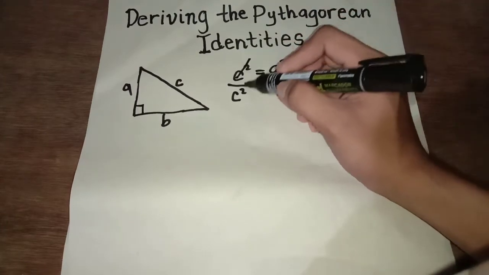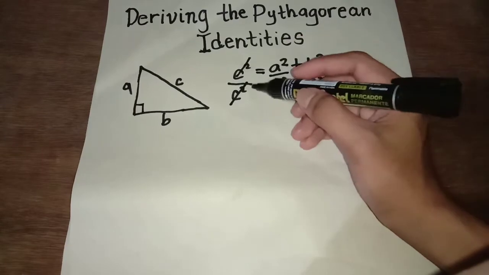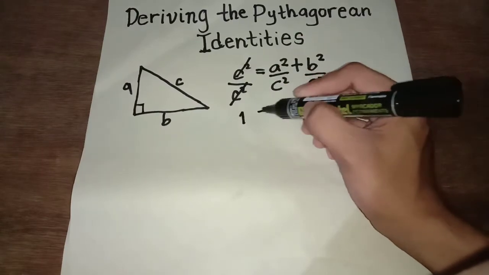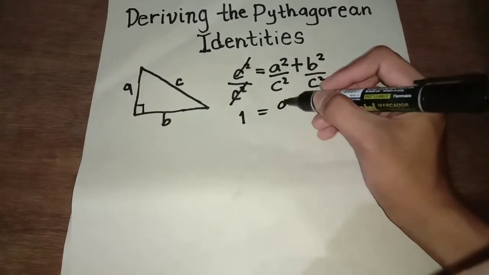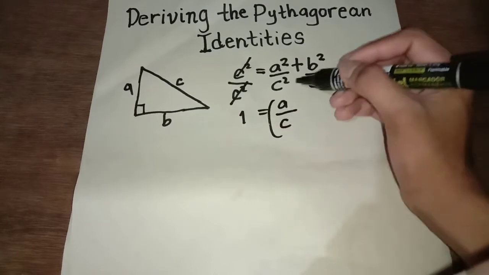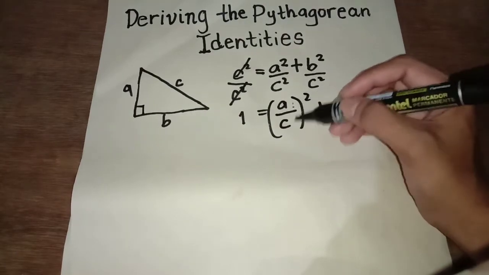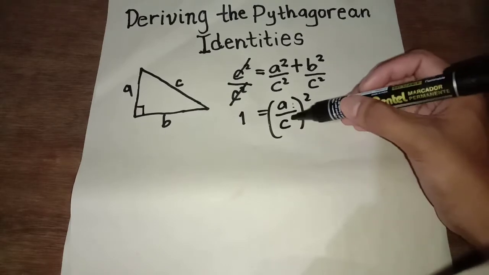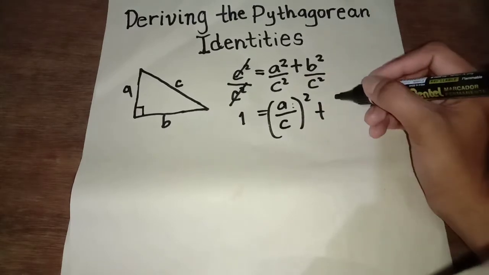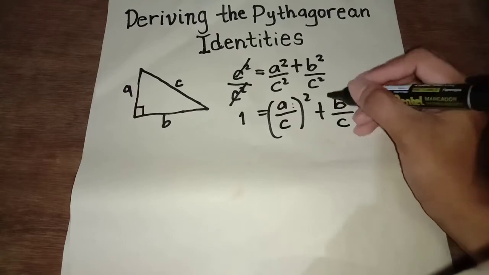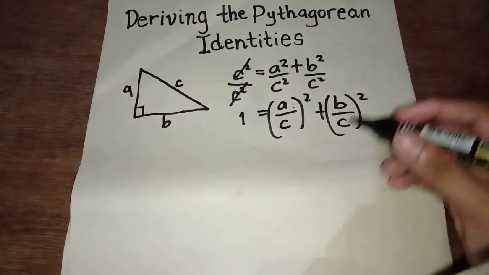So cancel this out. So that is 1 equals to, we factor this out, a over c raised to squared. That is just equal to this, and b over c squared.